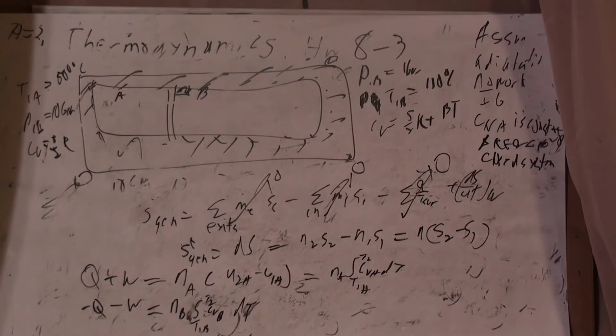And so I'm going to have basically S gen of A, the total entropy generation from system A, and that's going to equal minus Q divided by, see, that's a tricky thing. Which temperature do we really use? Do we use the 500? Do we use the 100? Do we use the average?